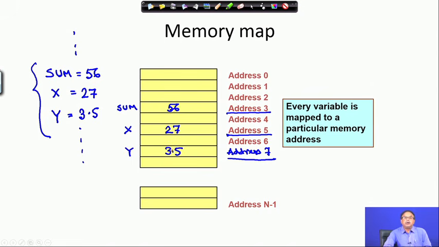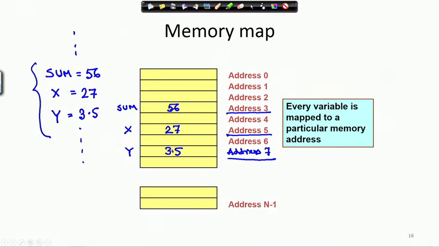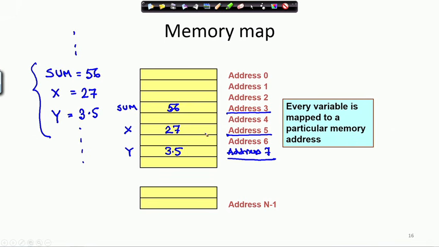Because while the computer executes the program, it will take the data from the memory location only, and the memory location no longer understands whatever name you gave to this particular variable, whether it is sum or any other name, but it is identified uniquely by the address that the compiler has given it.